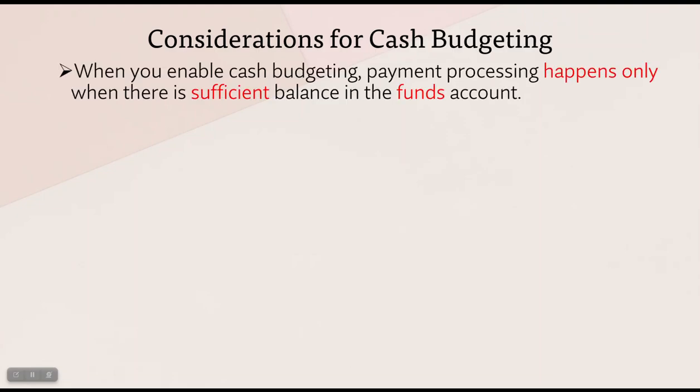Consideration of cash budgeting: when you enable cash budgeting, payment processing happens only when there is sufficient balance in the funds account. This is a normal logic for any budget. Once you enable the budget and you put your control type, supplemental rule, exceptions, journal source, and so on, it will be enabled for budgeting in the system.